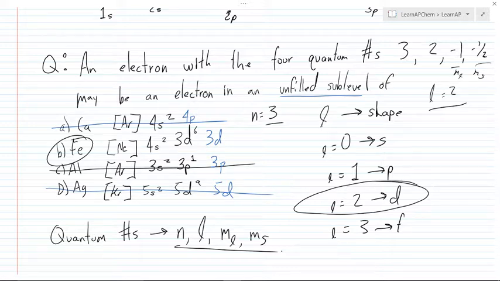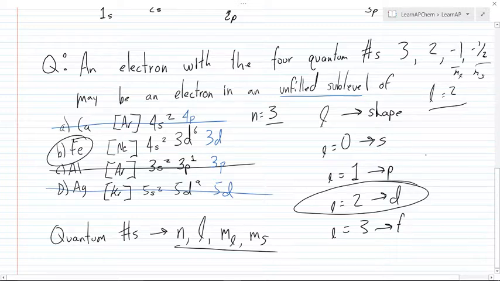What is l equals 4? You can go beyond f. I believe it starts at g. Let me just quickly check. Orbital subshell shapes. You wouldn't really go beyond f, but for l, as you increase, you just keep going up the alphabet.